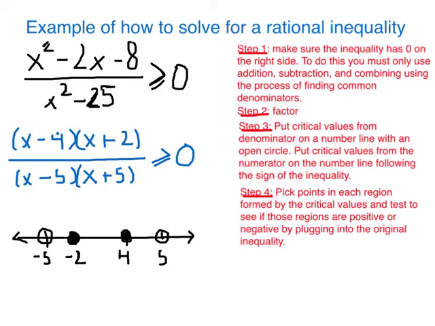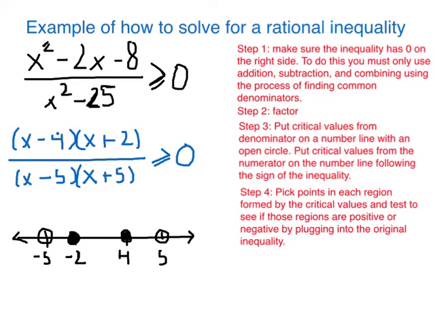Alright, now that we've put our critical values on the number line and determined if they're open or closed circles, look and see how each of these points form specific regions. So we have the region here from negative infinity to negative 5, the region between negative 5 and negative 2, the region between negative 2 and 4, then the region between 4 and 5, and last, the region 5 to infinity. So what we're going to do is pick a value in between each region.